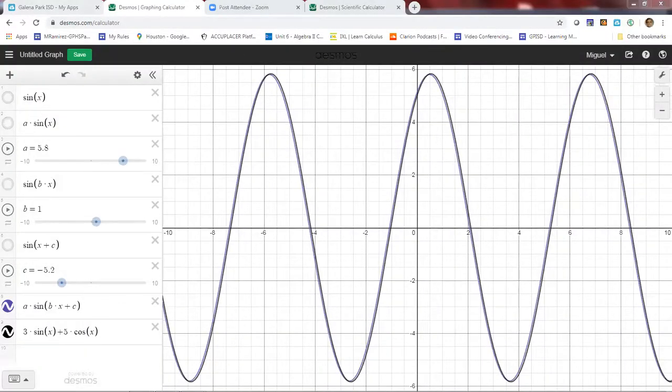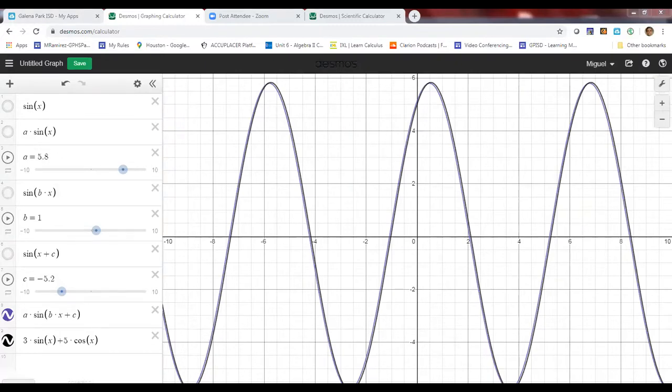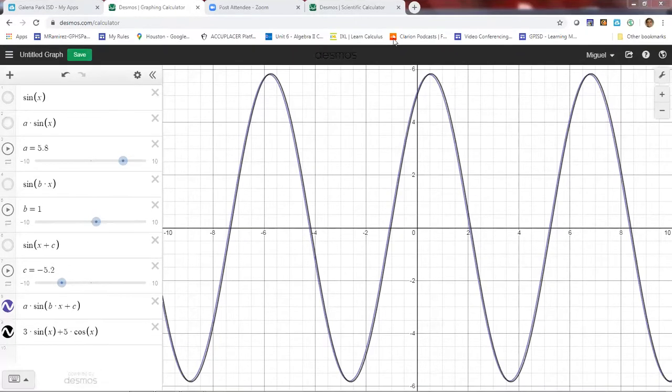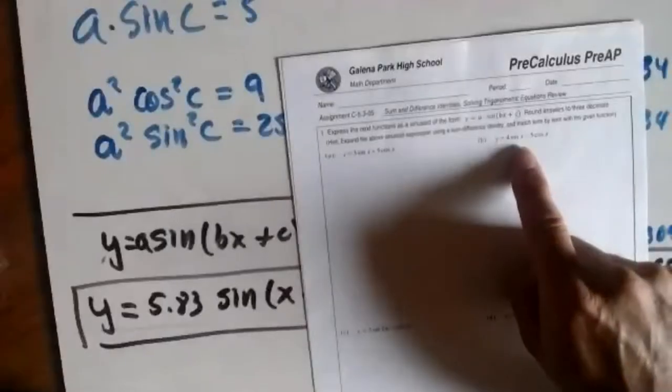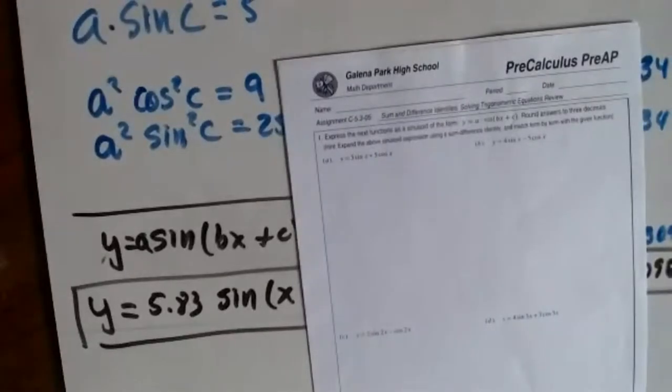Let me just put the assignment right here. So my next problem is this one. Oh, right here. So it's 4 sine minus 5 cosine. So let me just stop share here. So in my assignment, I have this problem.